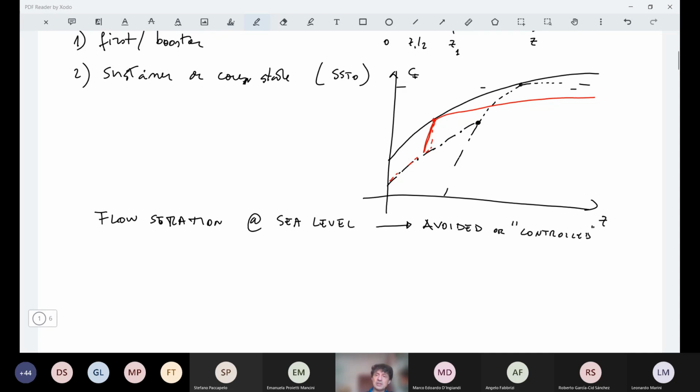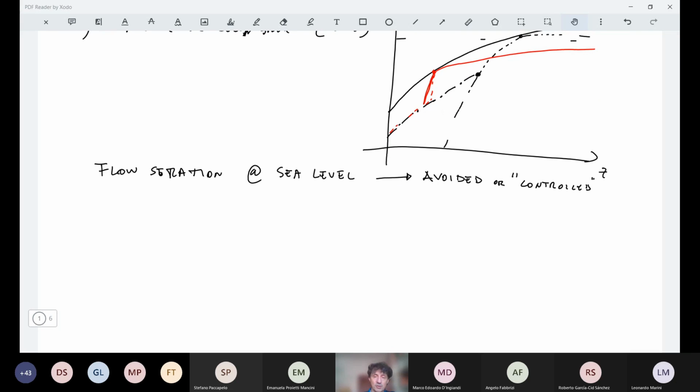What is the meaning of this reasoning? It is that when you are considering now your separated flow here, we have commented on this operating condition, saying that there will be a separation, for instance, at this point here, and the flow detaches, we have an oblique shock, and so on.